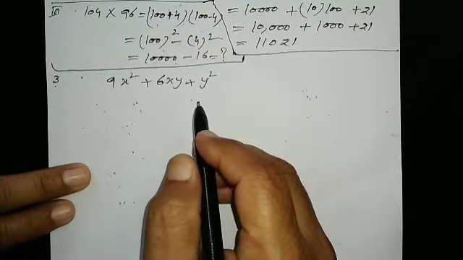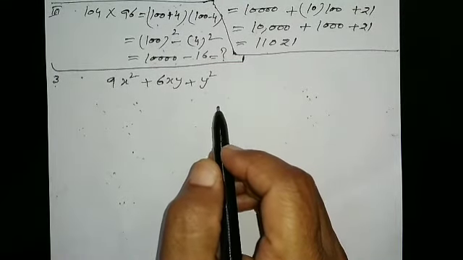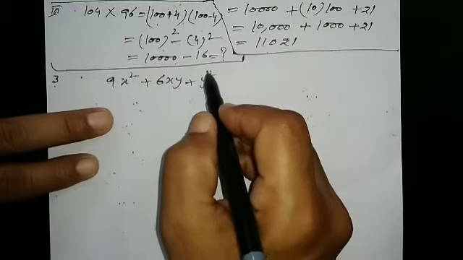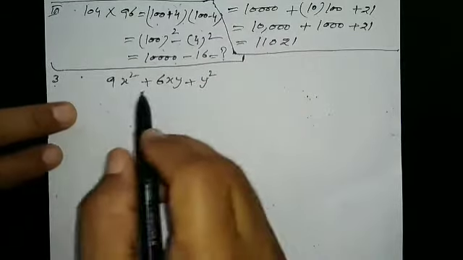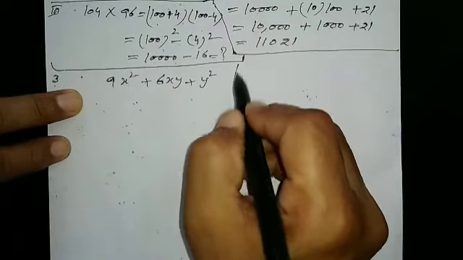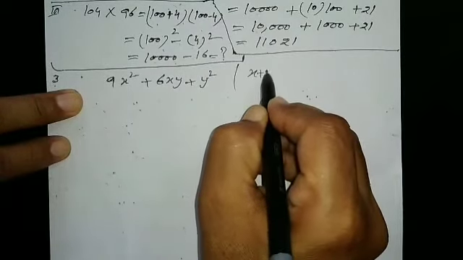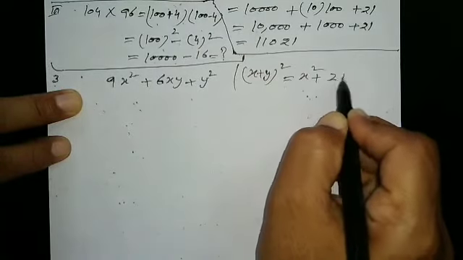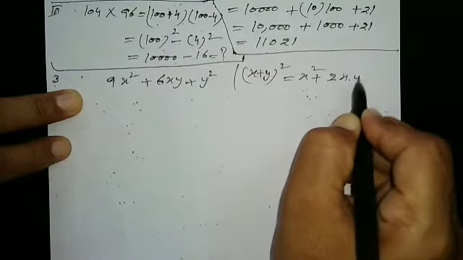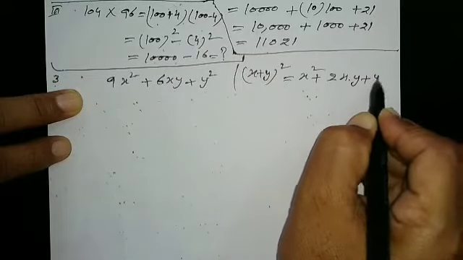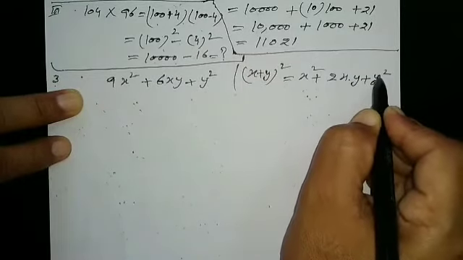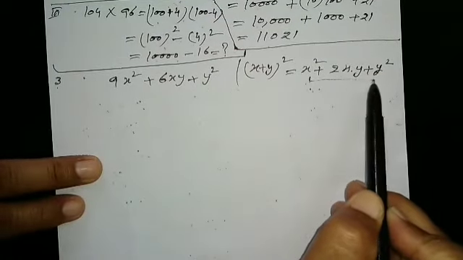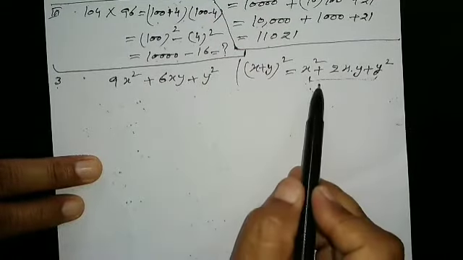As I have discussed, we have the identity x plus y square equal to square of first plus 2 into multiply xy plus square of y, that is square of second, right? So this form is given here, right?